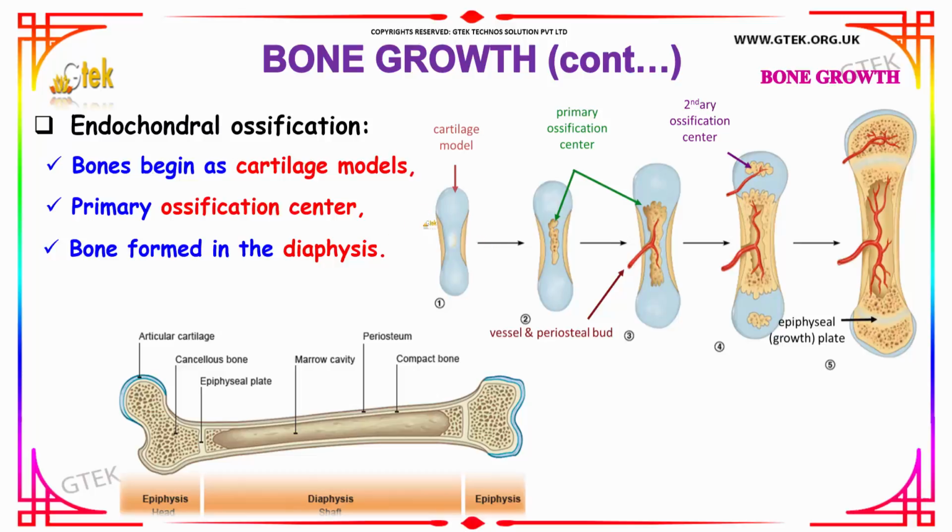So from the cartilage, your bone will be developed by the osteoblasts in the primary ossification center, as you can see over here, which is developed into this portion with a blood vessel and as bone.